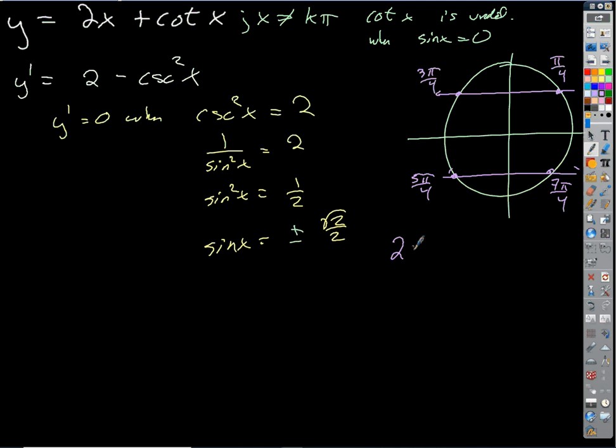We'll do 2n plus 1. That's an odd number over 4 times pi. Isn't that saying an odd multiple of pi fourths? Right? So those are all my critical numbers. Okay? We can start to make a table.